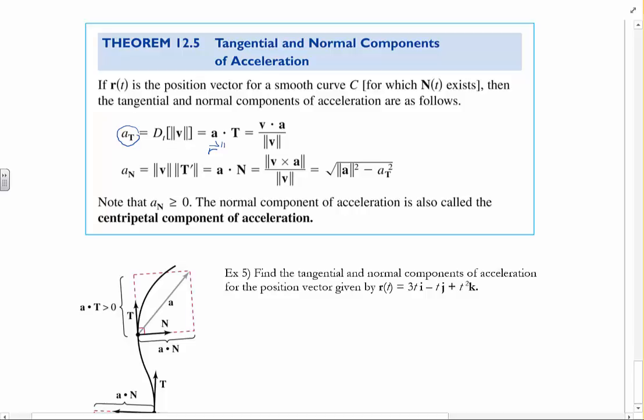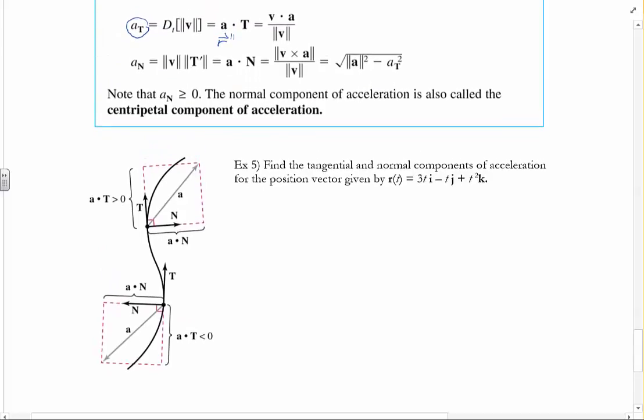So I'm going to come down here and say, all right, here's a nice curve. Here's a nice pictorial representation. If this is r, then a, your acceleration vector, comes inward like that, and that acceleration vector has a tangential component, which is your acceleration within the path that you're traveling, and a normal component, which is that guy.